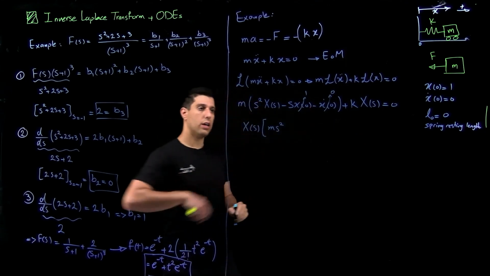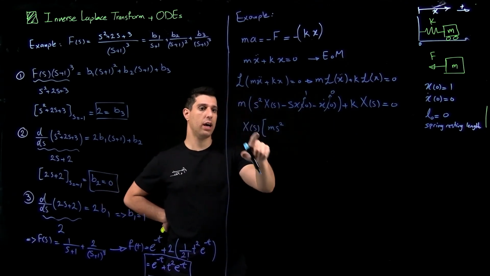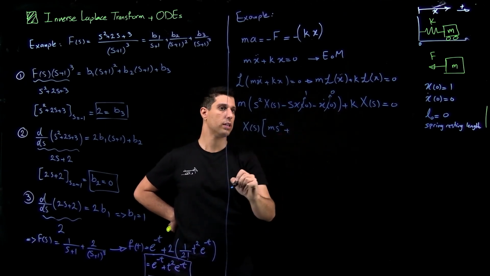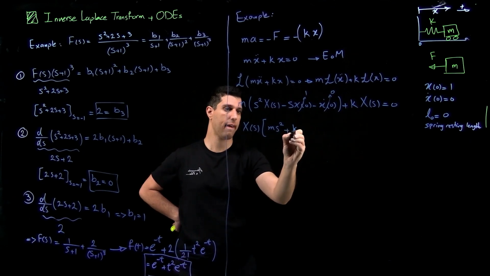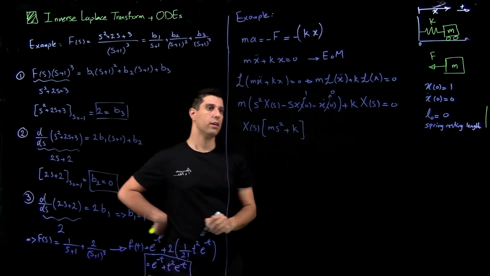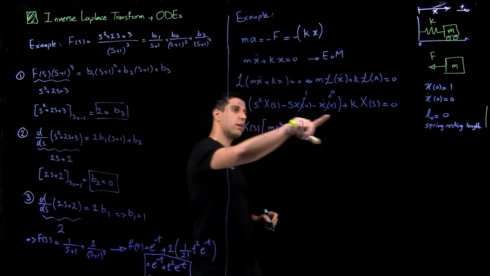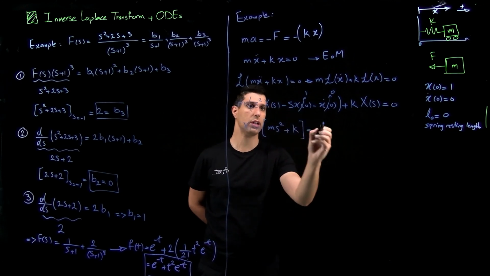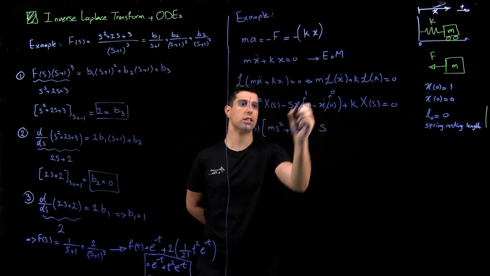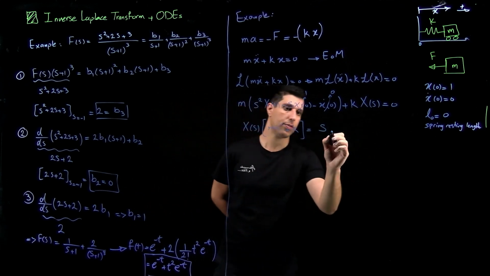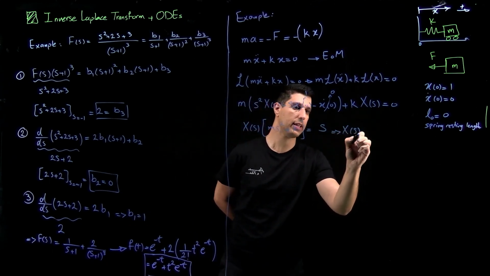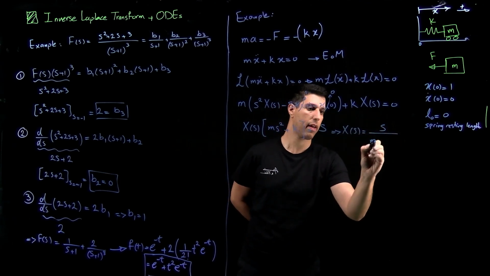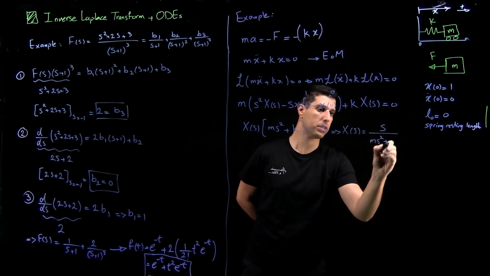So these simplify, and I continue with my factoring. I also have one k over there. That checks out: this term, that term, this one's 0. The only thing that remains, taking out the other side, is s times 1. So from here, X(s) is s over ms squared plus k.